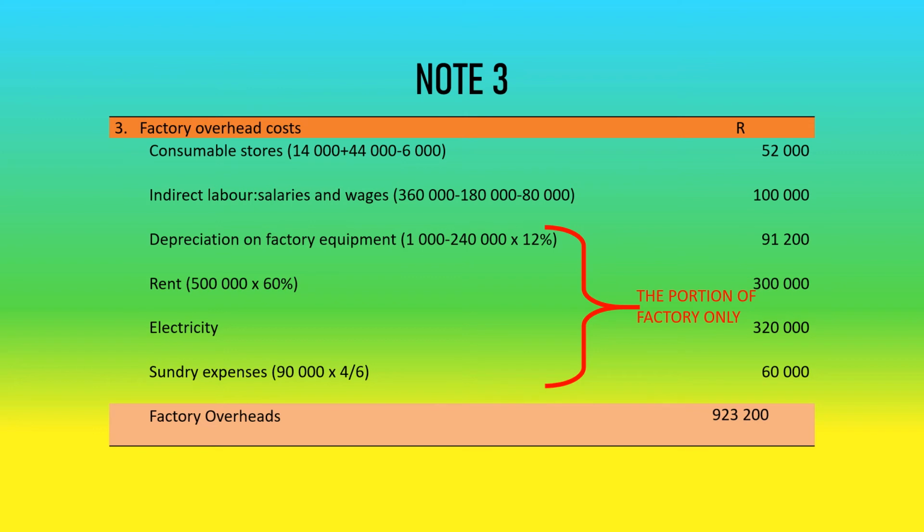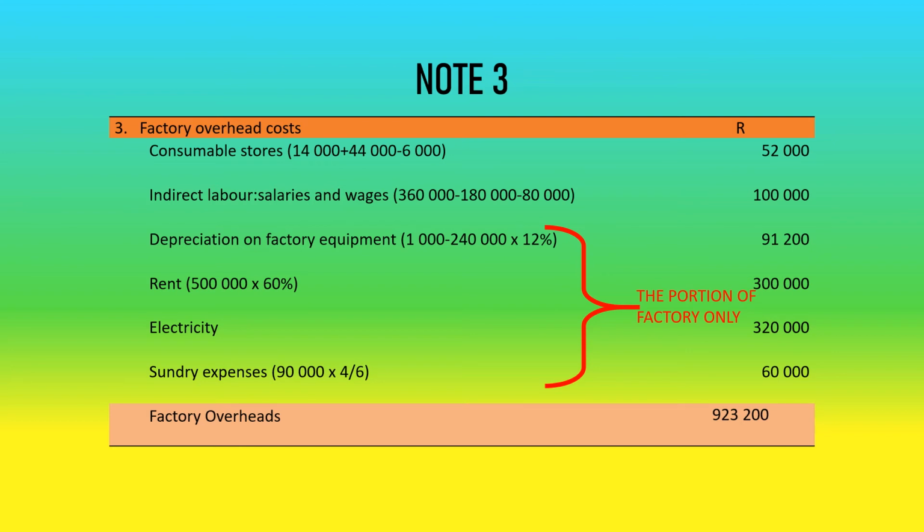So if you go back to transactions for the year, and see under salaries and wages paid, it said 180,000 was for direct labor, 80,000 was administration expense, the balance was for indirect labor cost. So remember in our previous calculation, we just took the 360,000 minus 180,000 and then minus the 80,000. So we got our remaining indirect labor costs.